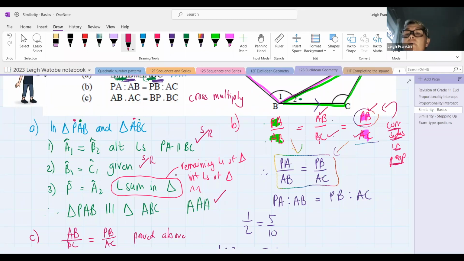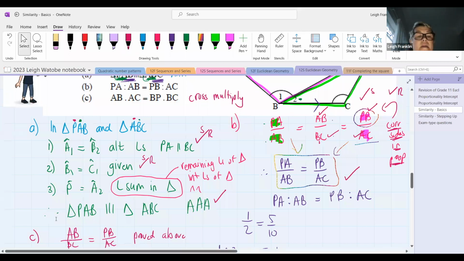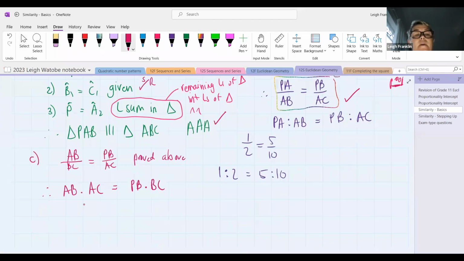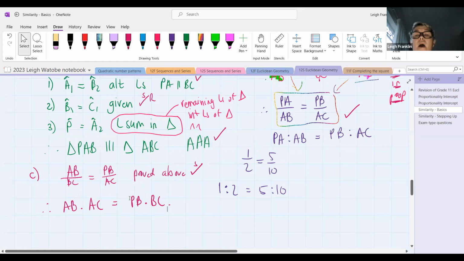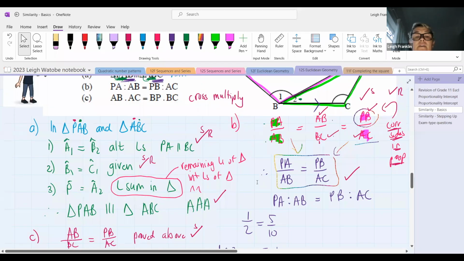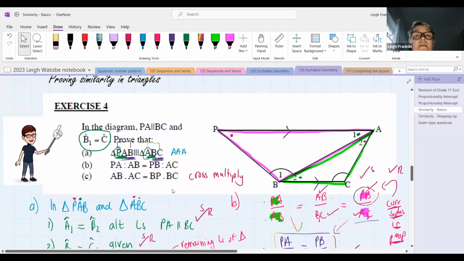Then here there would be a mark for the statement, a mark for the reason, and then a mark on that. And then here it would be the same thing. There would be a mark on that statement. And then there wouldn't be a mark there because that's what they asked you to prove. So something like this is probably out of 3, 4, 5, 6, maybe 7 marks for this whole thing. Okay, so it's quite a substantial amount.